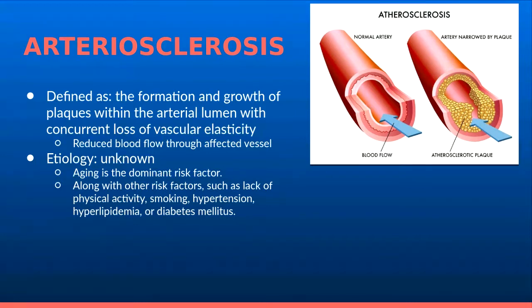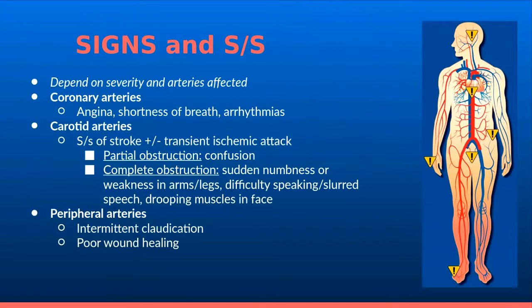Next we have the signs and symptoms of arteriosclerosis, which depend on the severity and the arteries that have been affected. If the plaque builds up in the coronary arteries, we can see the patient experiencing angina, shortness of breath, and arrhythmia. If it's affecting the carotid arteries, the patient can have a stroke.